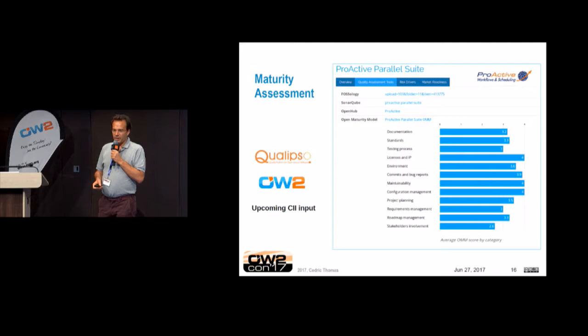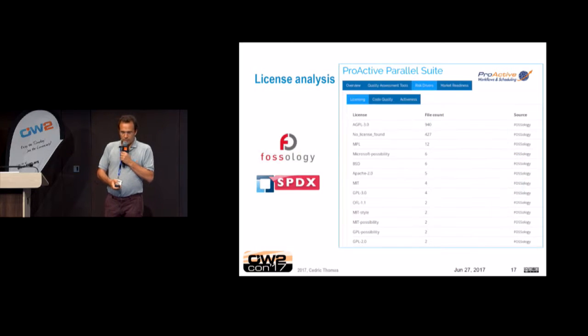So this is a typical dashboard of a OW2 project. All the projects at OW2 have dashboards, more or less filled in depending on the maturity of the project. Another tab titled Risk Drivers contains the outcome of the phosology analysis against the code.